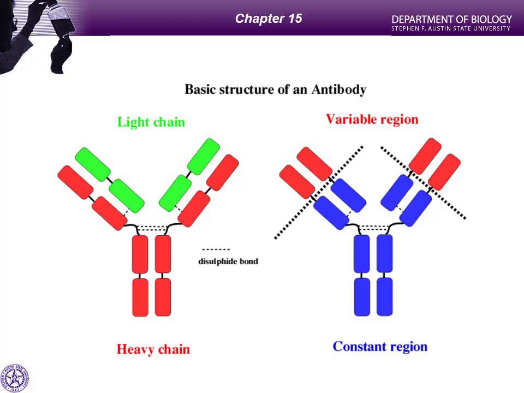And again, I like the visual of doing the YMCA dance. So I'm standing here with my arms up. What do your hands do out here? What is their function, the function of your hands? You grab things. The variable region is where that antibody is going to bind antigen. And we're all humans, and so our legs are pretty much going to be very similar, and yet the actual shape and size of our hands is going to be fairly different from individual to individual.